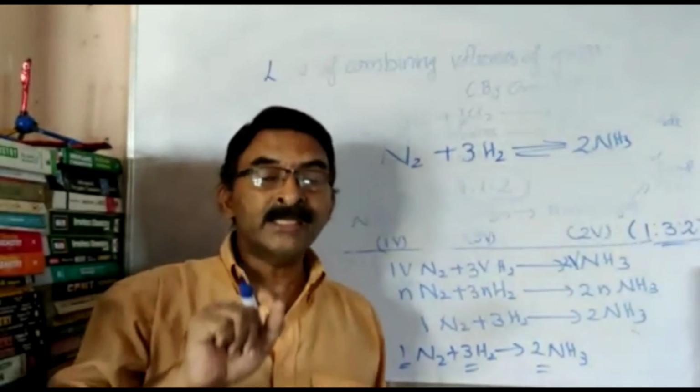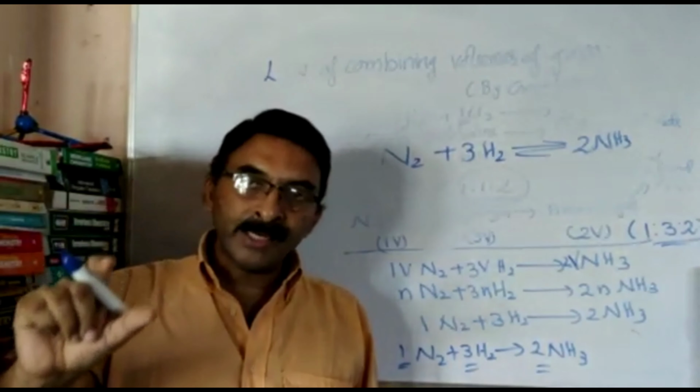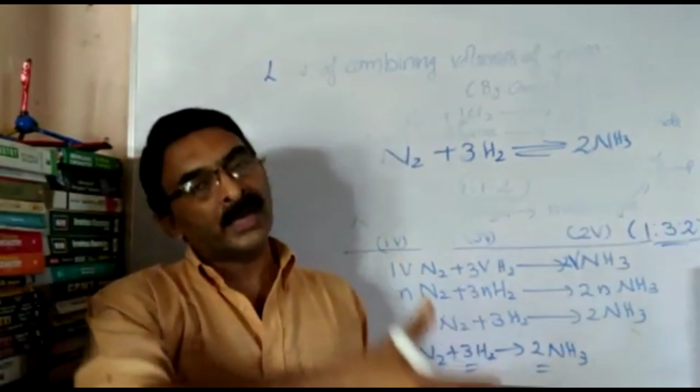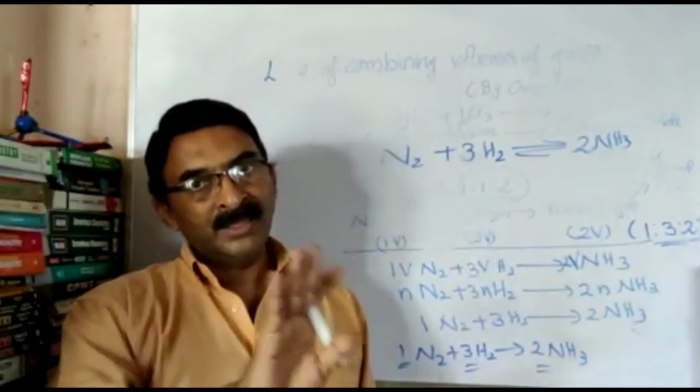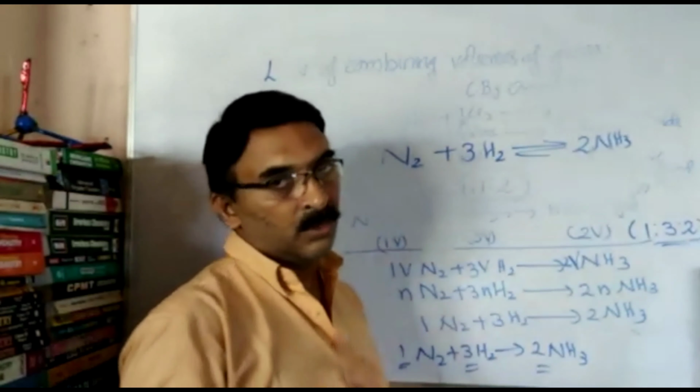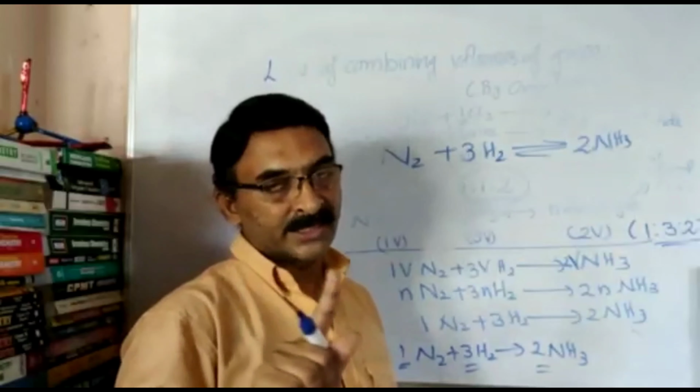The law says that the ratio of volumes of reactants reacted and the volume of product formed will be simple. It doesn't say that the ratio of volumes at equilibrium will be a simple whole number ratio.